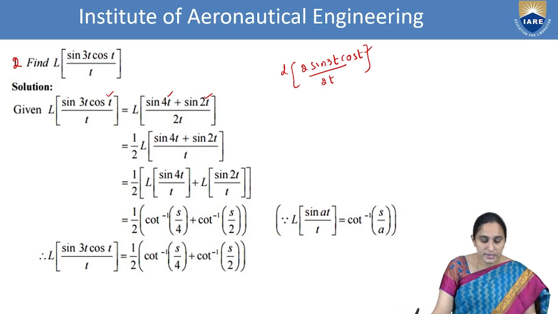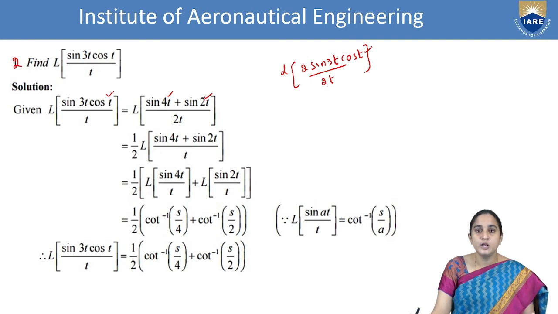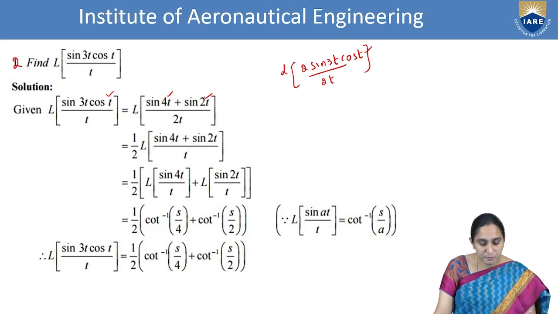Now, here I'll take the constant terms outside. Here 1 by 2 I'll take outside, and the remaining Laplace of sin 4t plus sin 2t by t. For that case, I am using Laplace, then 1 by 2 into Laplace of sin 4t by t plus Laplace of sin 2t by t.